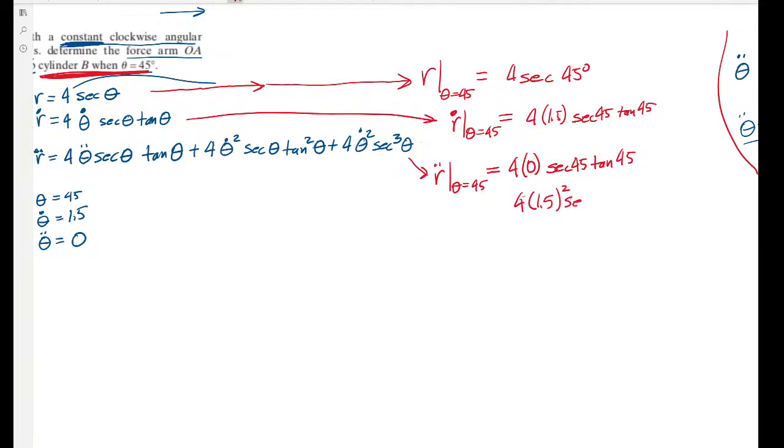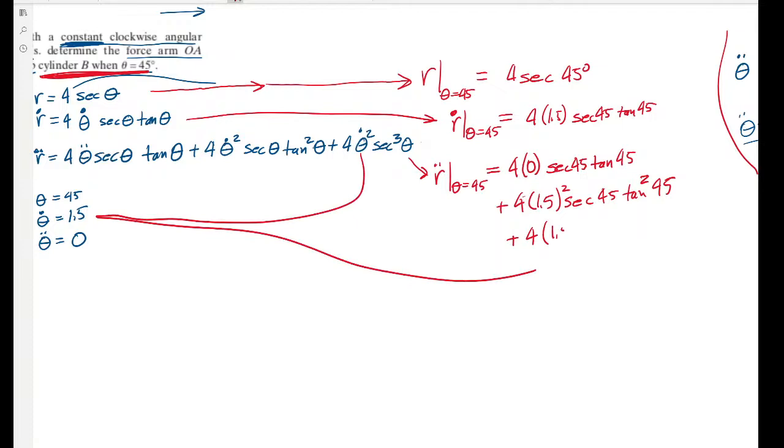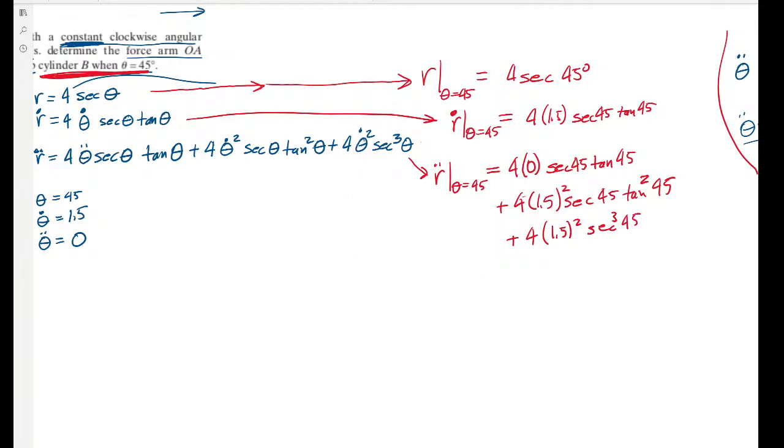And then it's secant of 45, tangent squared of 45, square because it's square right there. And then when I pick up this, which is plus 4 theta dot squared, again theta dot's there, 1.5 squared, secant to the third of 45 degrees. Okay.